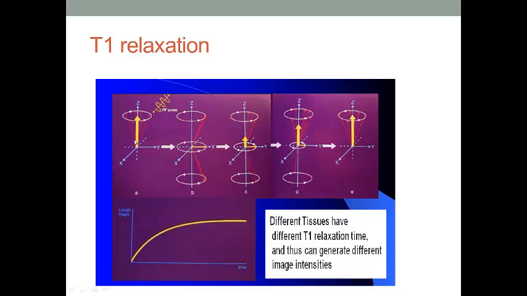So this net magnetization will become bigger and bigger. The net magnetization in the z direction recovers from the y direction. We call this time T1 relaxation.